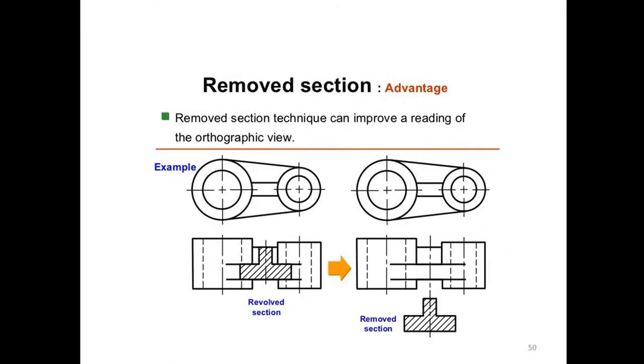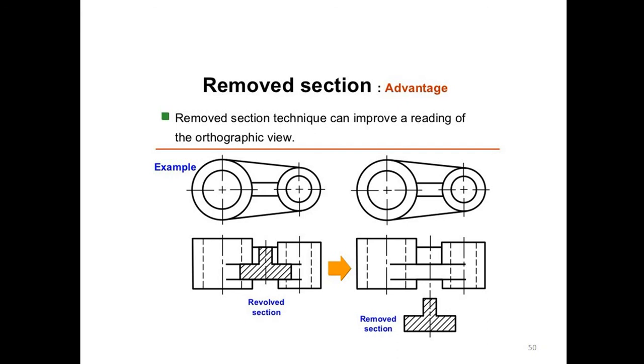Again, this is an example of a comparison between a revolved section and a removed section. There are some advantages of the removed section: the removed section technique can improve the reading of the orthographic view. One example is taken, a part in which a revolved as well as a removed section is there.